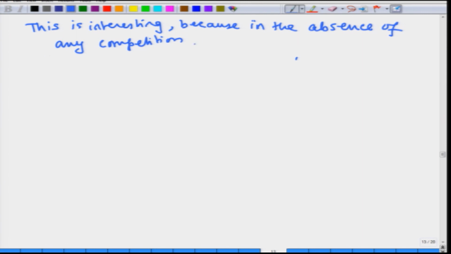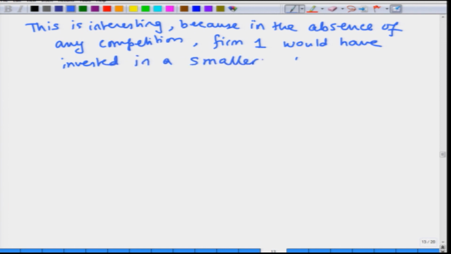So, in the absence of any competition, firm 1 would have invested in a smaller capacity and would have earned a profit of 30.